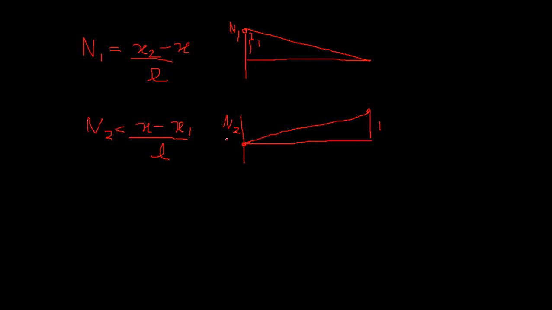So these are the shape functions. This means an important thing: your u is n1 into u1 plus n2 into u2, right?